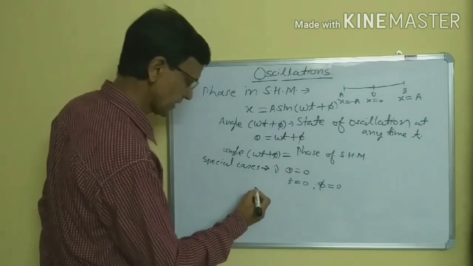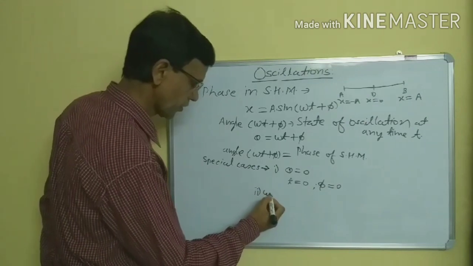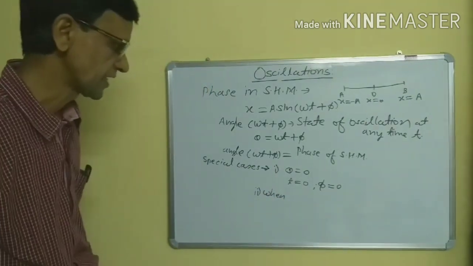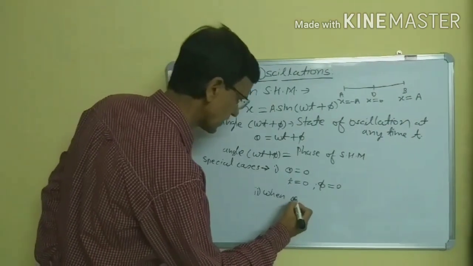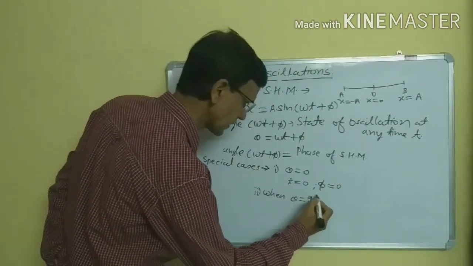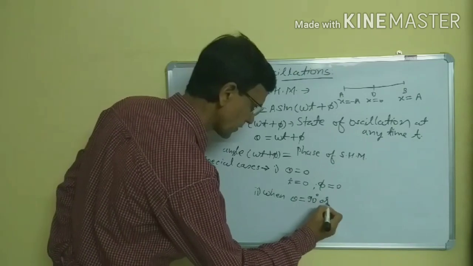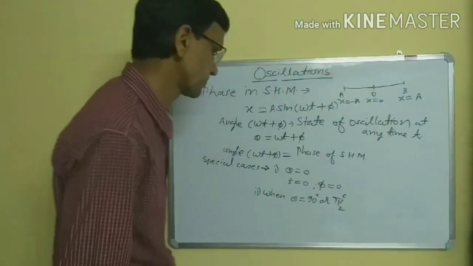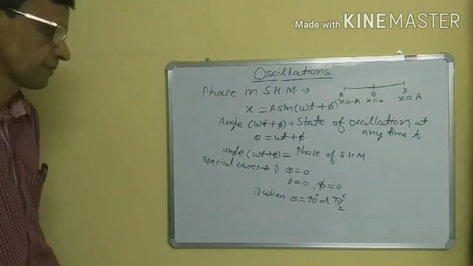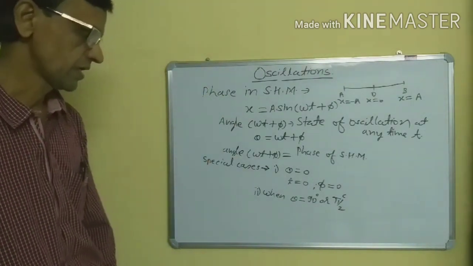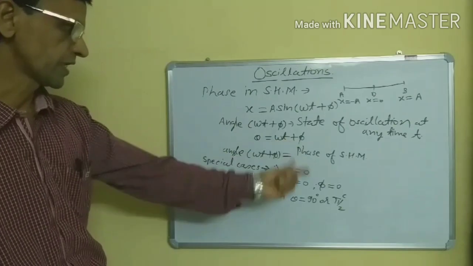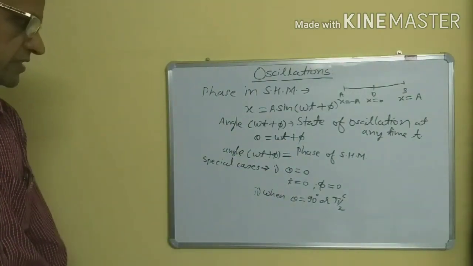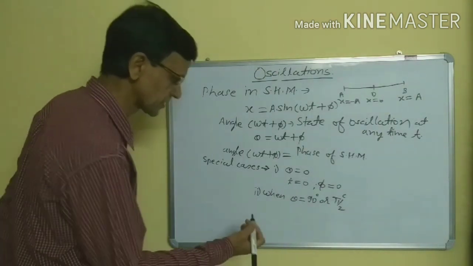Then the second case, when the value of omega t plus phi is 90 degree, that is theta is equal to 90 degree, or in radians pi by 2 radians. In that case, the total angle covered is omega t plus phi equal to 90 degree, and the state of oscillation is accordingly determined.